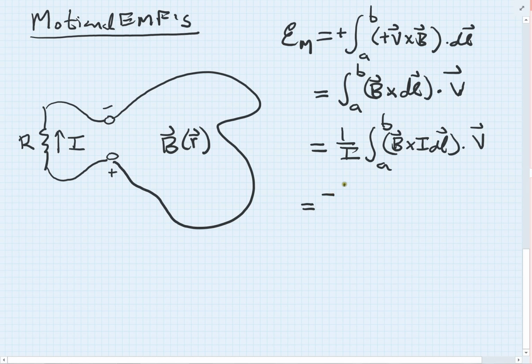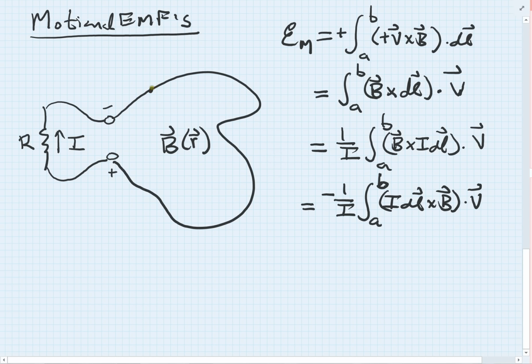So I'm going to have minus 1 over I, the integral all the way around my loop of I dl cross B dotted with V. Now let's take a look at what this means. Let me take a little segment of my loop.